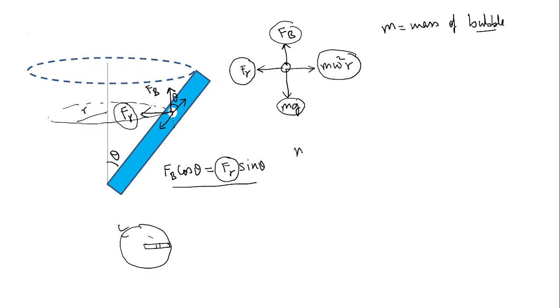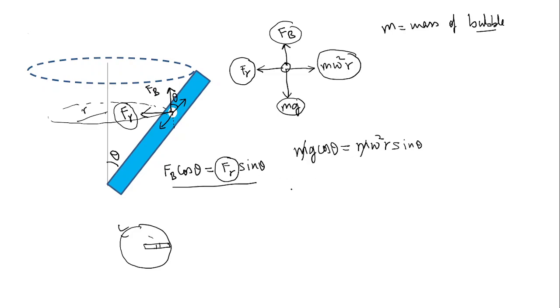What you get? mg cos theta is equal to Fr, which is m omega square r, times sin theta. So m and m get cancelled.